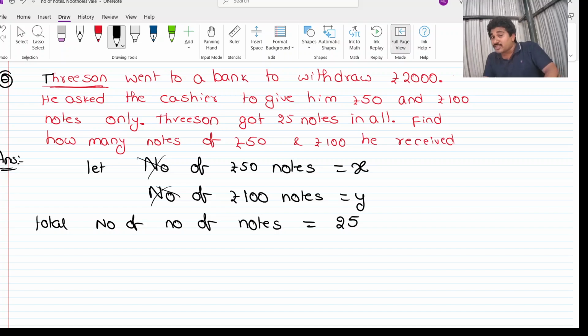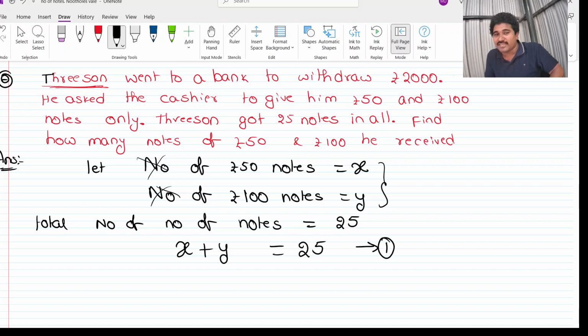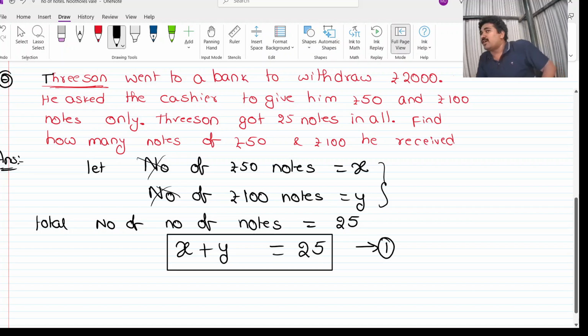But according to my consideration, it should be X plus Y equal to 25. This is your first equation. Put it in a box. Otherwise, it will go somewhere. Understood? First equation you got.